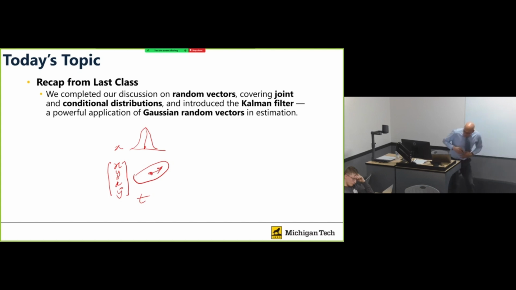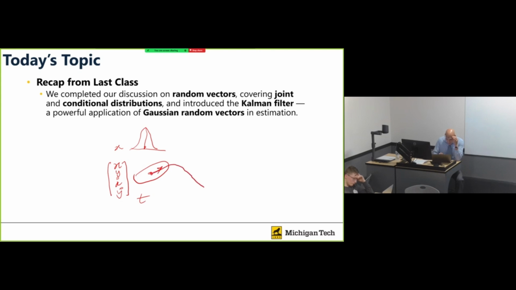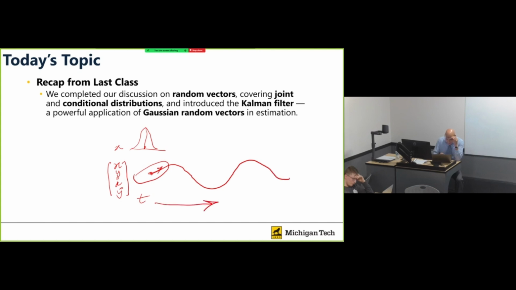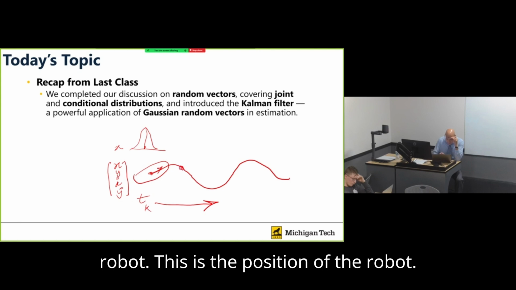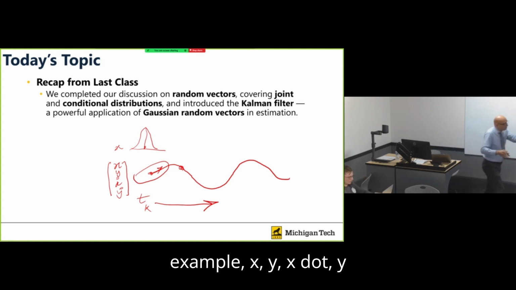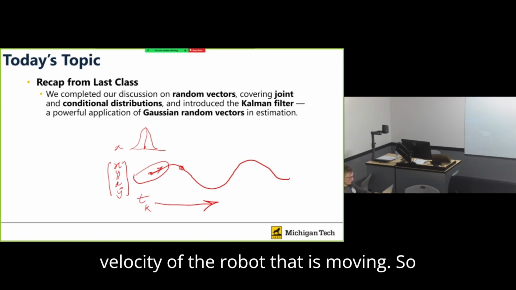So this random vector eventually is going to become a function if we move in time. When we increase time, at time k, this is the position of the robot. In the real example that I'm giving, x, y, x dot, y dot mean the position and velocity of the robot that is moving.